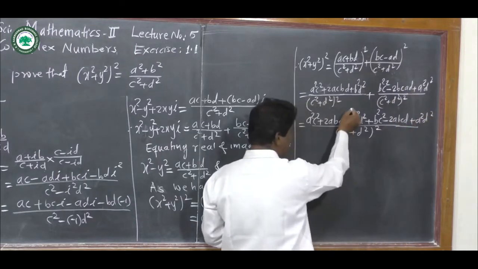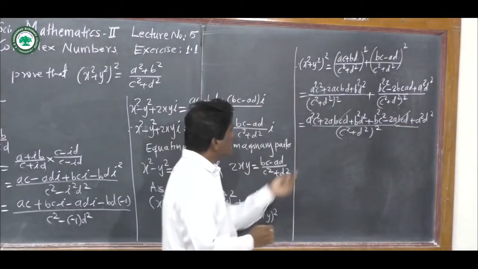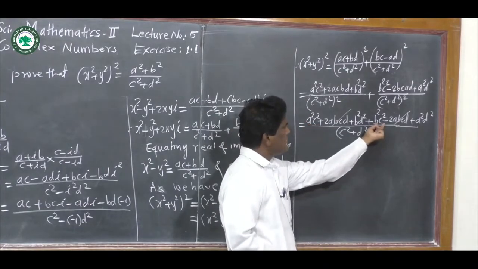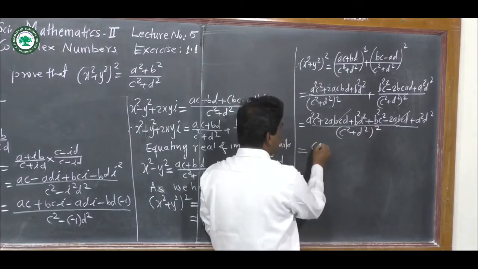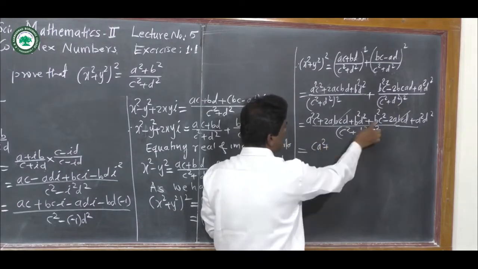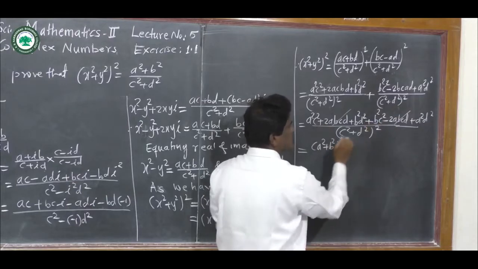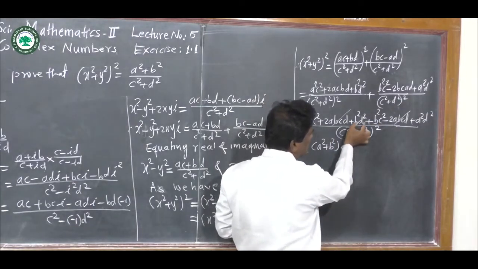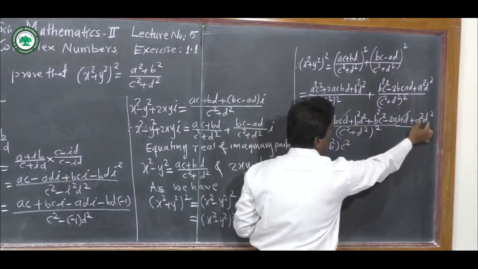Now this plus twice abcd and minus twice abcd get cancelled. Now here a square c square and here b square c square, from these two take c square common, and therefore we get here (a square plus b square). Here c square, here c square, so we take c square common. From the remaining two terms, that is b square d square, here also a square d square.